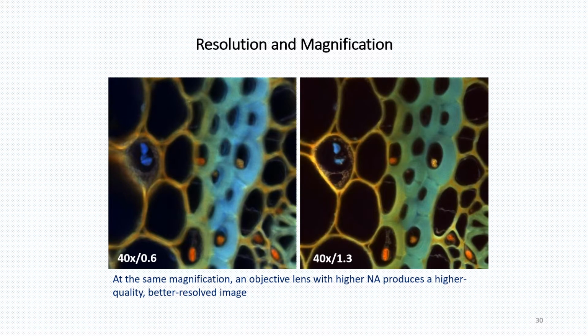If you had to choose between two different objectives that give the same field of view, which one would you pick? A 40x 0.6 NA or a 40x 1.3 NA objective?